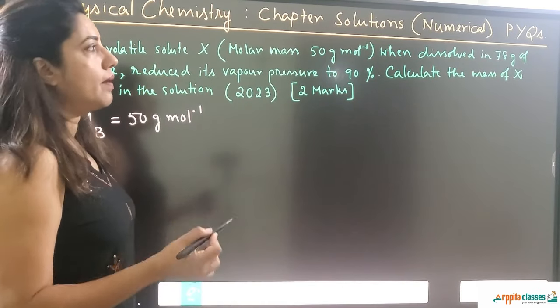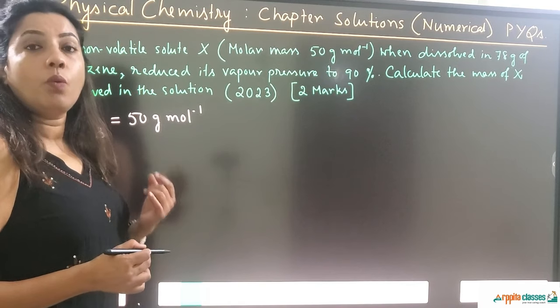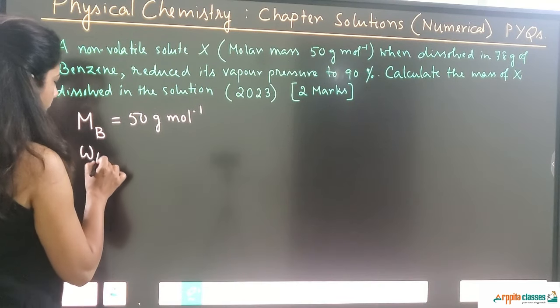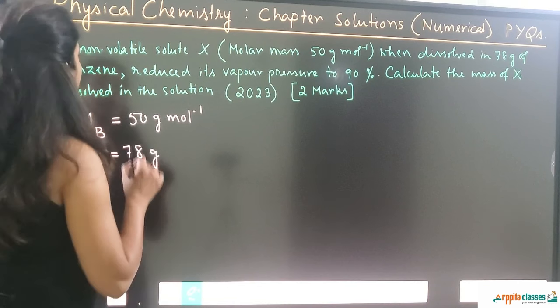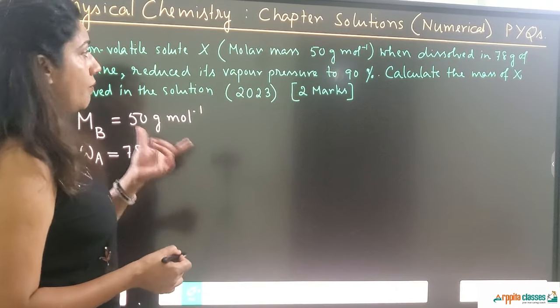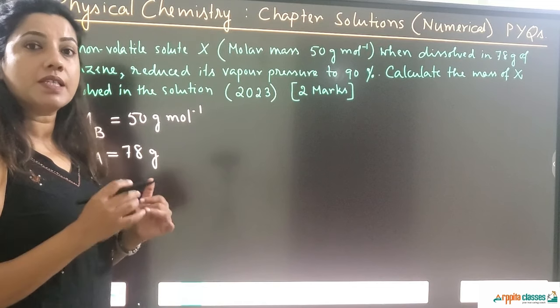When dissolved in 78 gram of benzene, 78 gram is the weight of the solvent. The weight of the solvent is denoted by WA, which is 78 gram. It reduces its vapor pressure to 90%. The original vapor pressure we consider as 100.